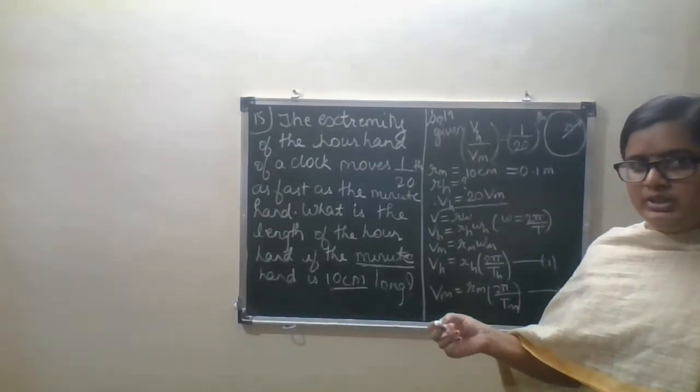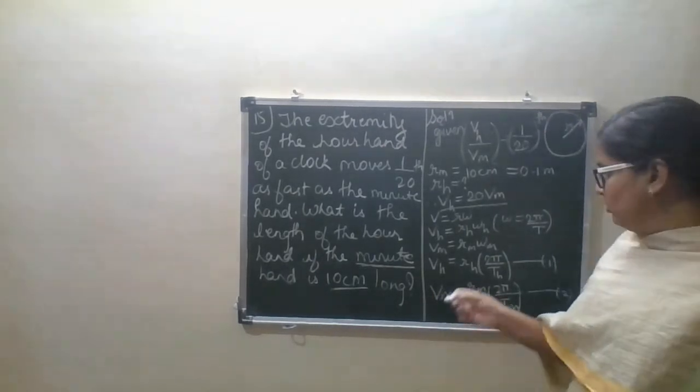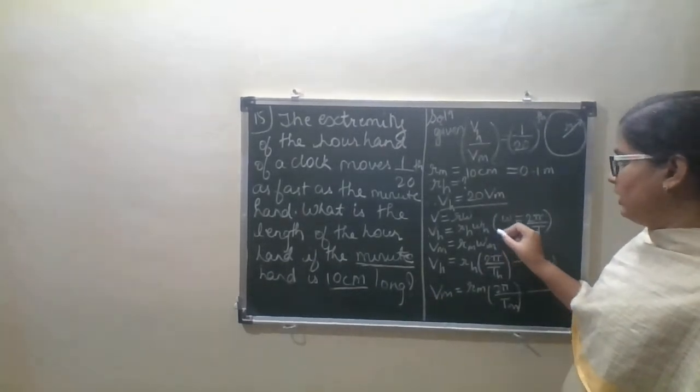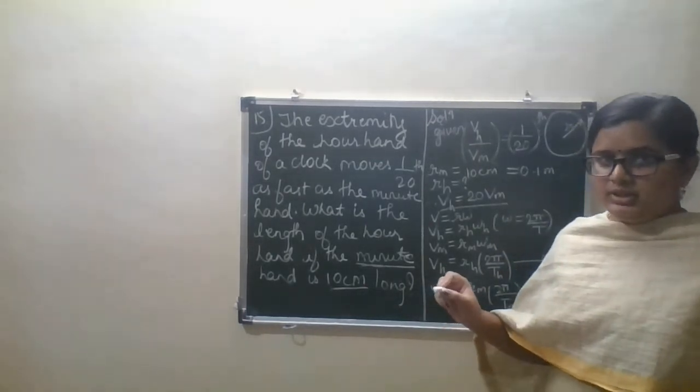Now omega is equal to 2 pi upon capital T.